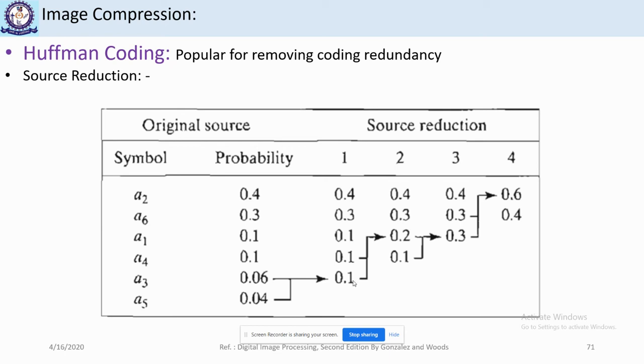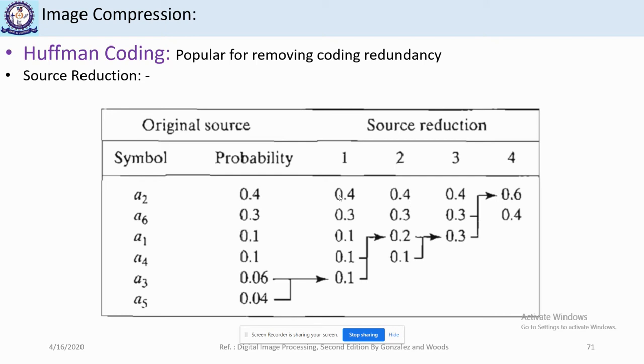That is the first step. After that we again add the least two. So 0.1 and 0.1 will be 0.2, and then we arrange the resultant again in descending order.